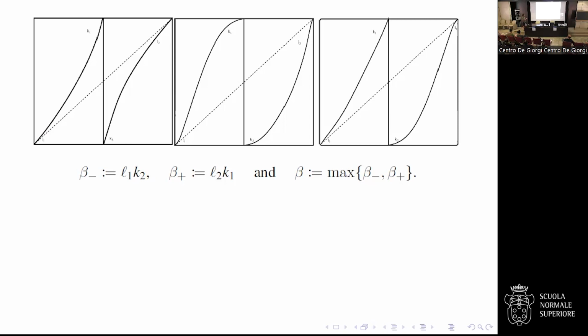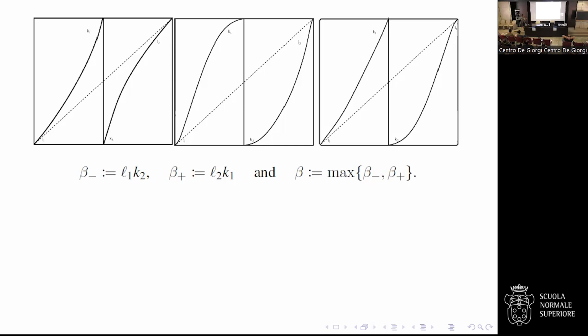Now, imagine that you are somewhere here, at a certain distance from the discontinuity, and you iterate once. If this order K2 is very large, so that the critical point is very degenerate, then you will come very close to zero. So a large K2 increases the stickiness indirectly, because the order doesn't change.